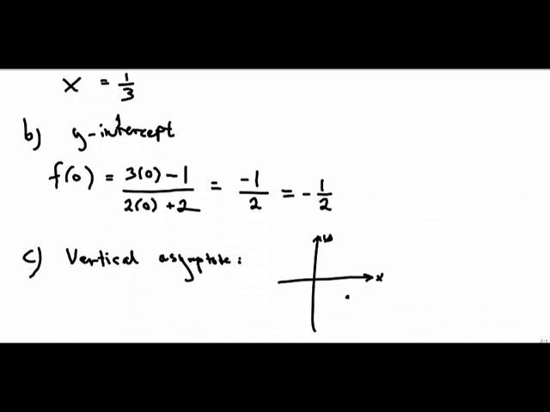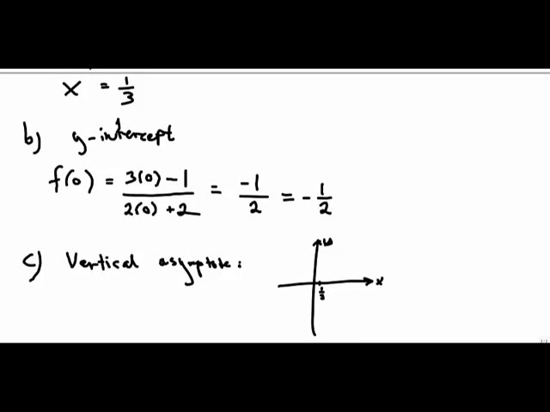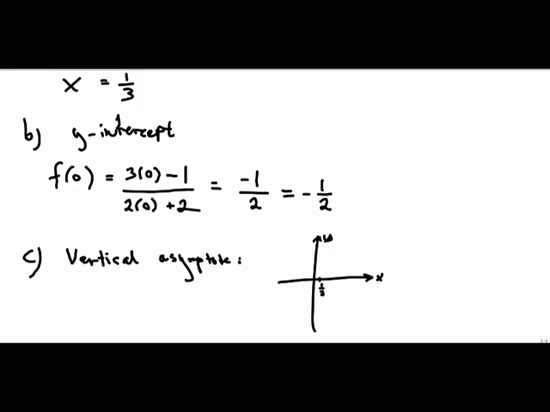Zeros at 1/3, so 1 over 3. It's crossing the x-axis. We have a y-intercept at minus a half, minus 1 over 2. That's all we know.